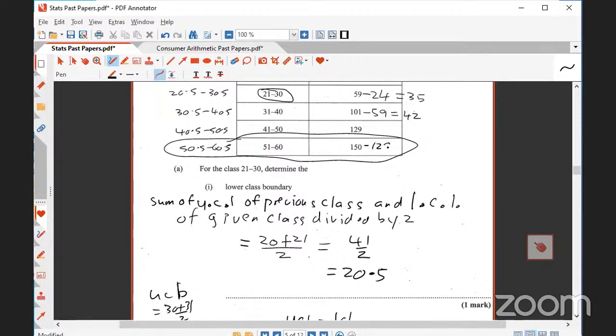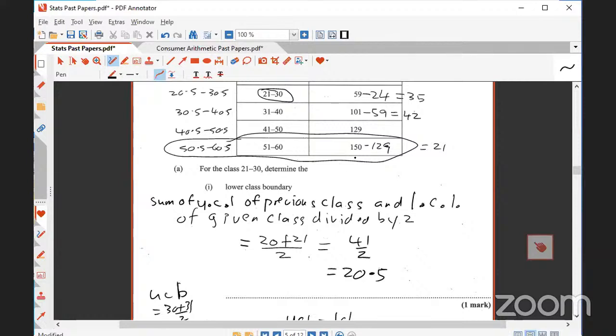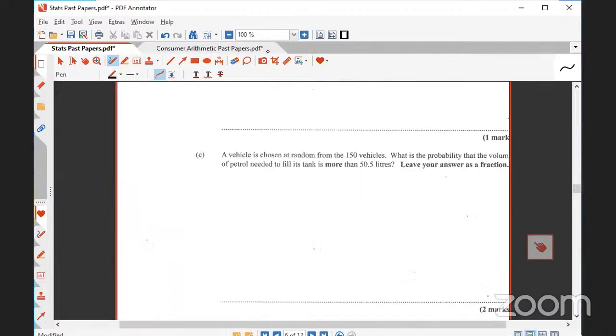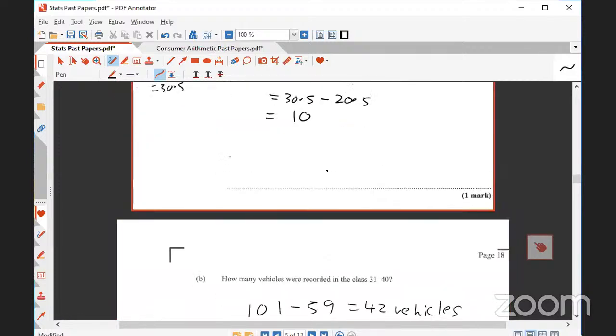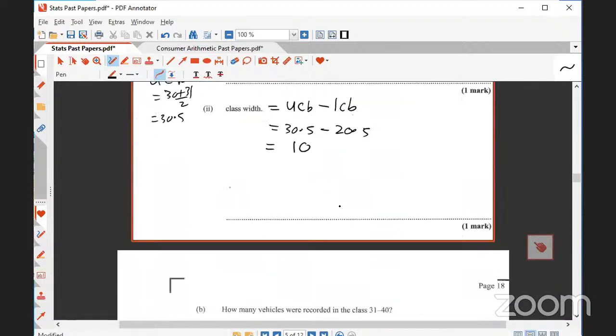So let's take the 129 from that, and when I do that, I end up with 21. So for the probability, the 21 that we just found, we now have to divide by the total. The last number in any cumulative frequency column always gives you the total frequency. So the 150 is our total.